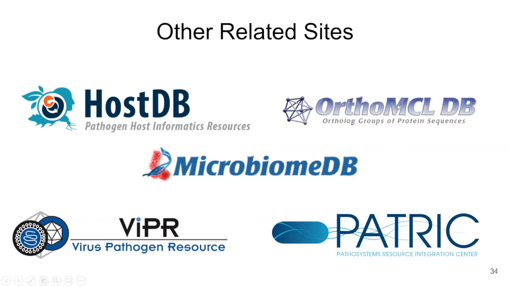OrthoMCL is the pipeline that we use to identify all the homolog genes, orthologs and paralogs for all the genomes. Microbiome database, the name says it all, it's about microbiome data, and we're starting to have data from arthropods. ViPR and PATRIC are essentially as all the other 11 sites from VEuPathDB are genomic centric, but ViPR is for viruses and PATRIC is for bacteria.